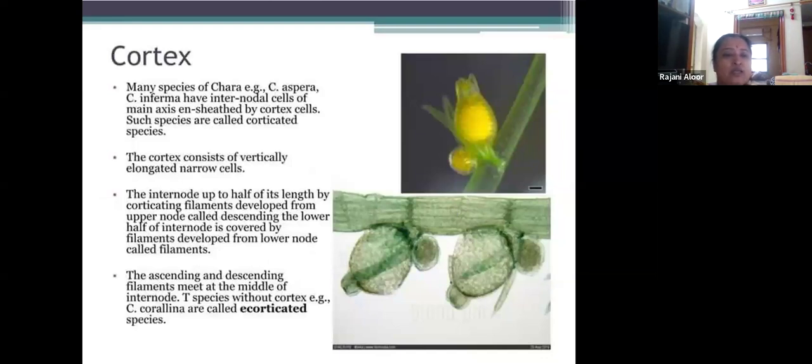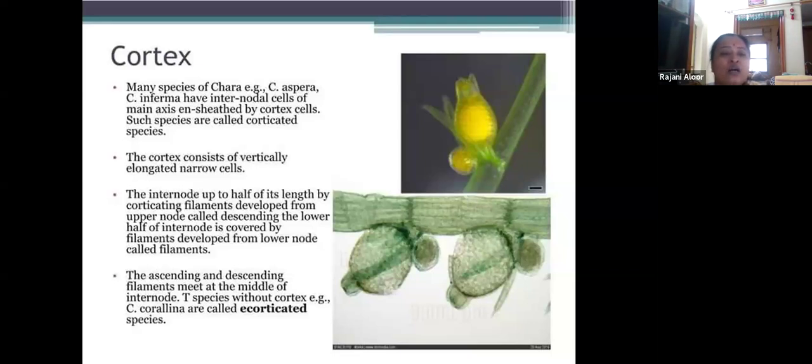And coming to the cortex. What is the cortex? In many species of Chara, like Chara aspera and Chara infirma, the internodal cells of the main axis are ensheathed by cortical cells. Such species are called corticated species. The cortex consists of vertically elongated narrow cells.